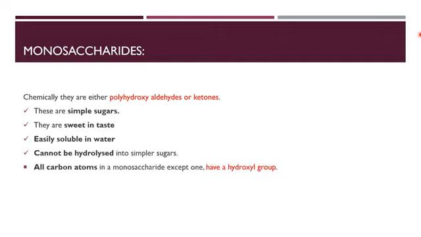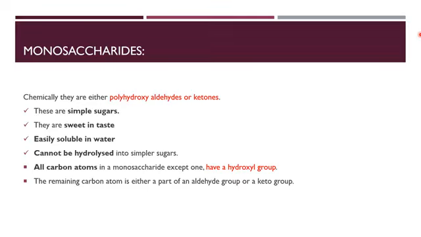All the carbon atoms in a monosaccharide except one have a hydroxyl group. It means in monosaccharides, all the carbon atoms will have hydroxyl groups except one. And the one that does not have the hydroxyl group will definitely have the functional group, either an aldehyde or a keto group.